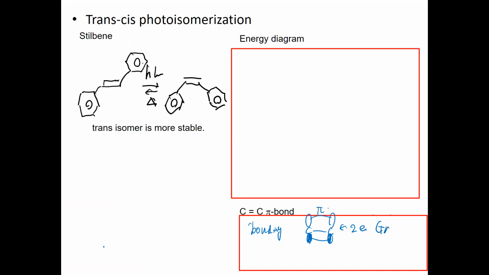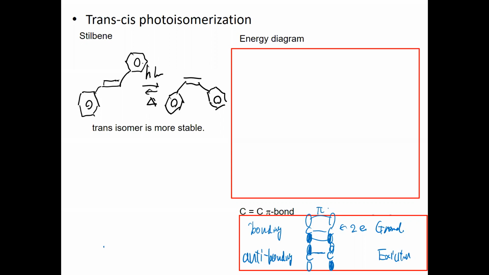However, in the excited state, one of the electrons is excited to this, so it's getting unstable if they are in the same plane.